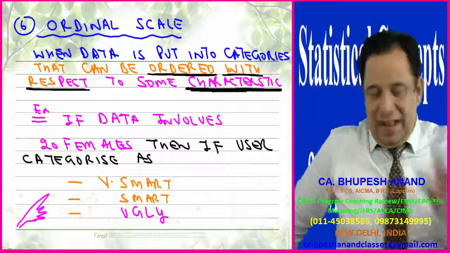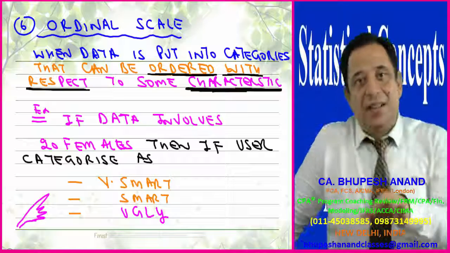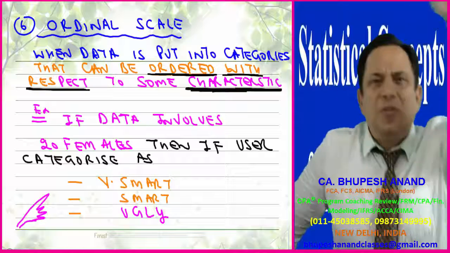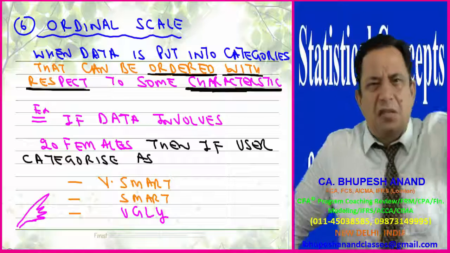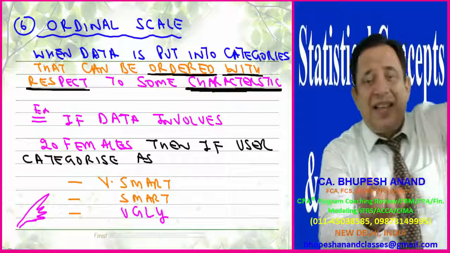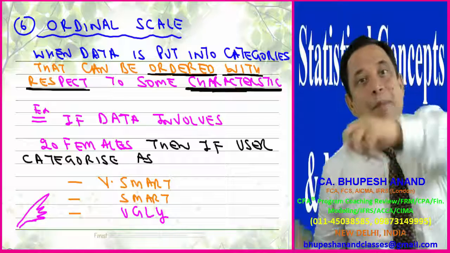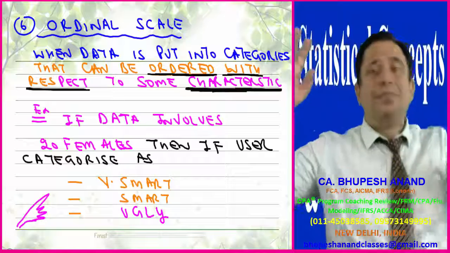For example, supposing there is a data set of 20 females, and we are categorizing them into very smart, gorgeous looking females like Priyanka Chopra, second smart looking, and the third ugly type of females. Just an example, don't take it otherwise.